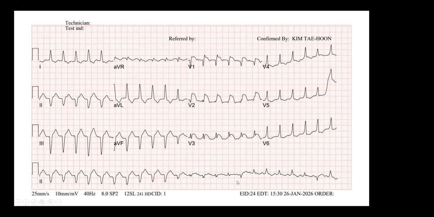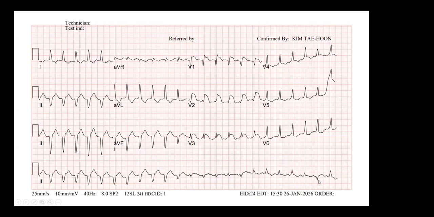And then in the last beat, the R wave becomes suddenly upright. That's his native QRS complex, sinus rhythm. And the second last beat is also fusion. So I think this patient probably had slow VT.